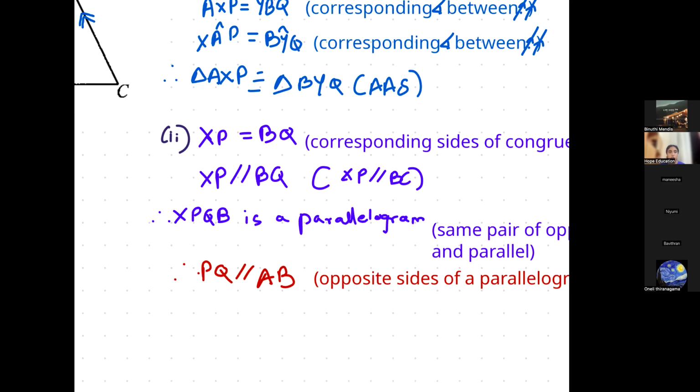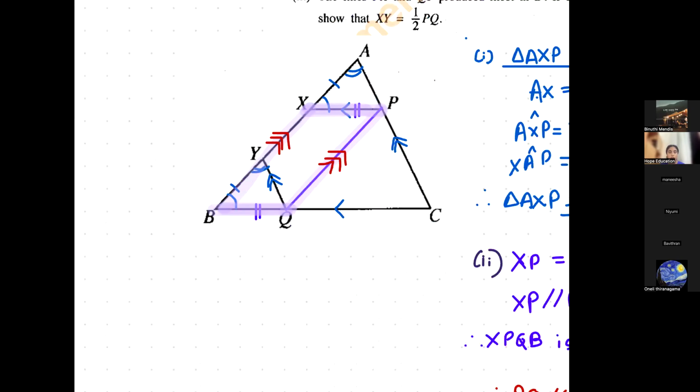You got QPAY as the parallelogram. Those two are parallel and those two are equal. We can get it like that, Biruti. Yes, that is correct. Seems like everybody has used the same method. Right? Okay.